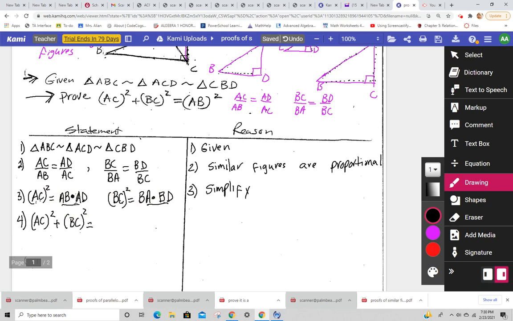So AB times AD plus BA times BD. And that's just segment addition.